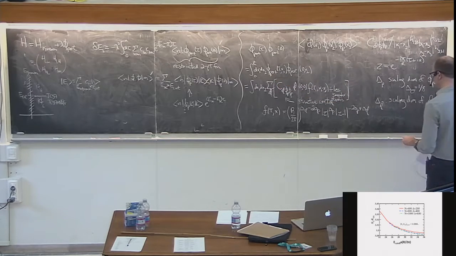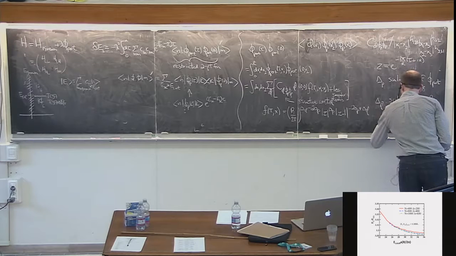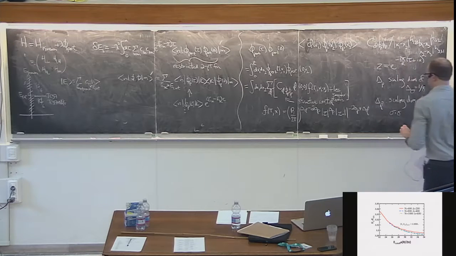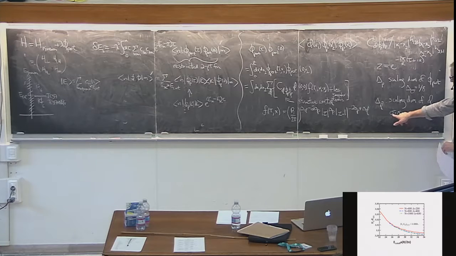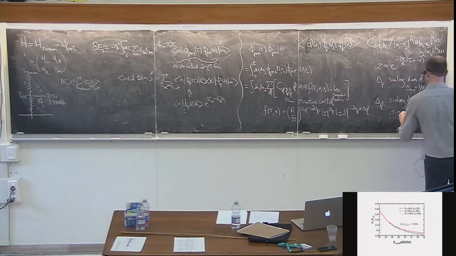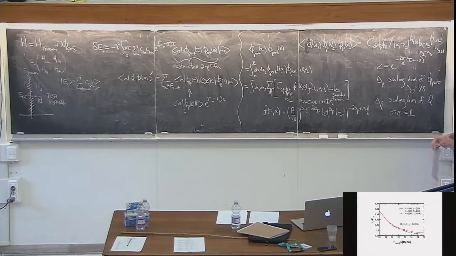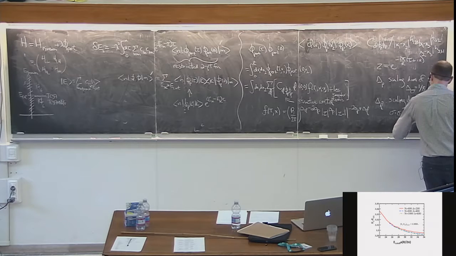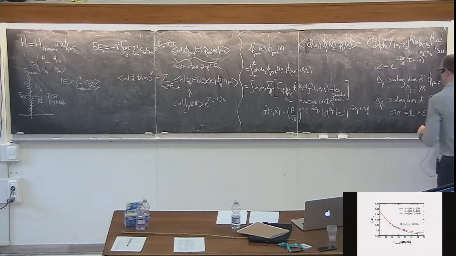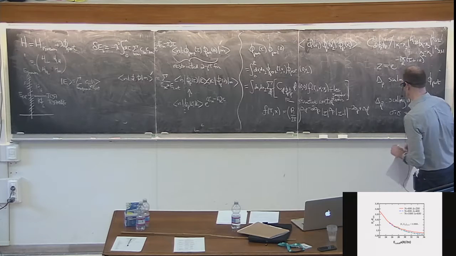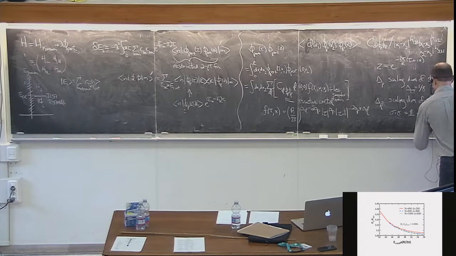For Ising, the fields that appear in the OPE of the spin field with itself are basically the identity field plus the operator that corresponds to the energy density, so that would be basically the fermion.